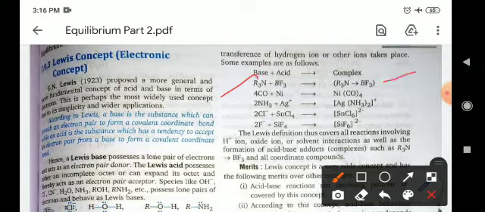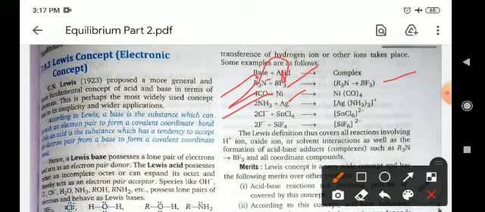Here R3N can donate its lone pair of electrons to boron trifluoride, so R3N, a trialkyl amine, acts as a base and boron trifluoride acts as an acid. Another example is CO plus Ni, in which CO acts as a base and Ni acts as an acid. Another example is 2NH3 with silver ion, in which the ammonia lone pair is donated to the silver ion, so ammonia acts as a base and silver ion acts as an acid.